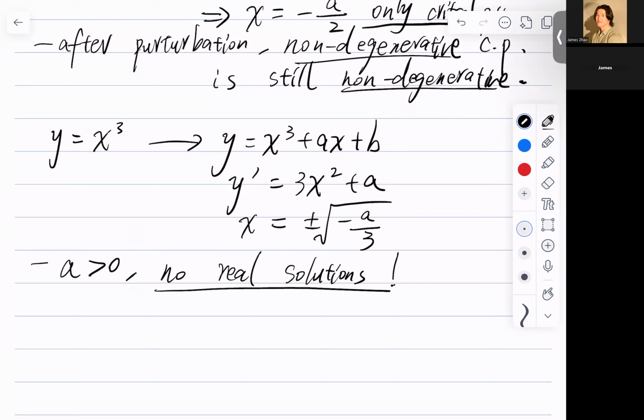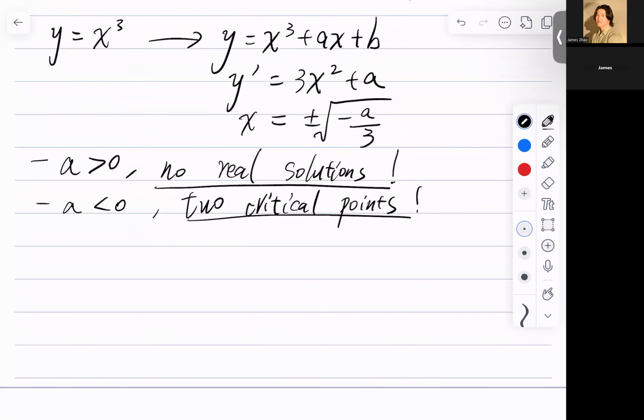So what does that mean? That means we actually lose a critical point. And if a is smaller than 0, we end up having 2 critical points. And these 2 points become non-degenerate. Pretty interesting, right? So here is what we can conclude from the earlier example.